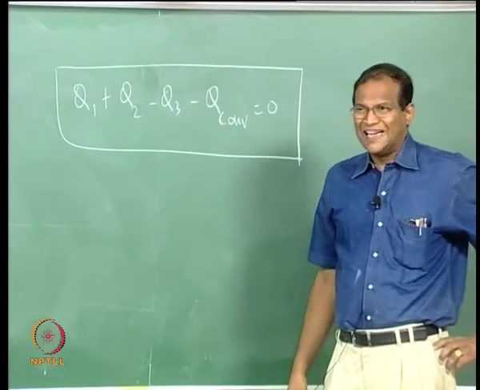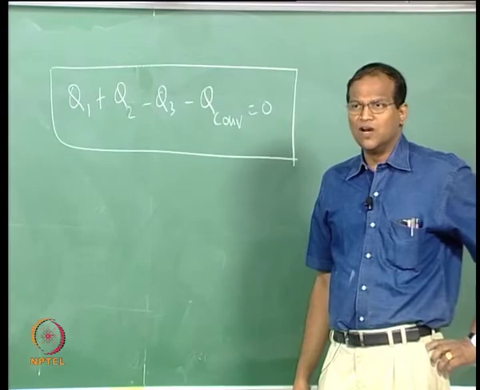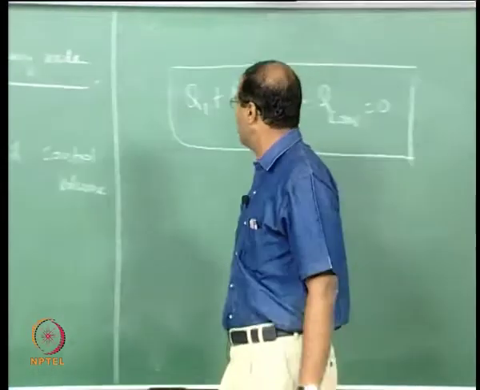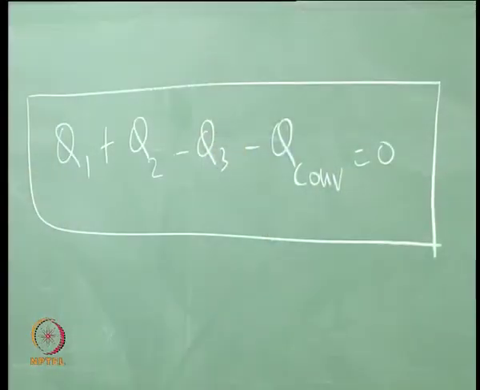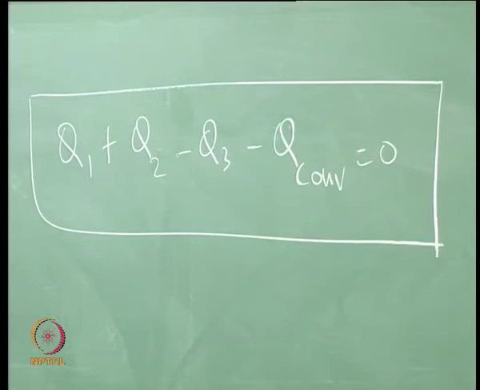Q1 and Q2 are entering the control volume, Q3 and Q convection are going out of the control volume, therefore Q1 plus Q2 minus Q3 minus Q convection equal to 0. Correct? Now you can write for Q1.